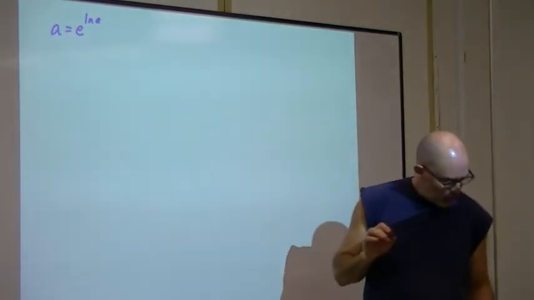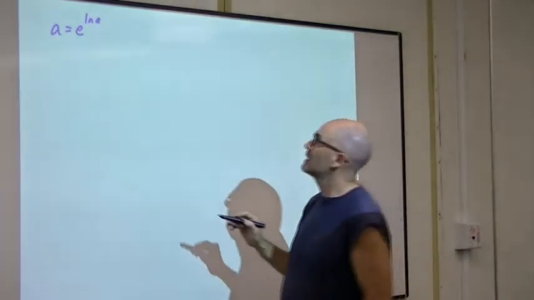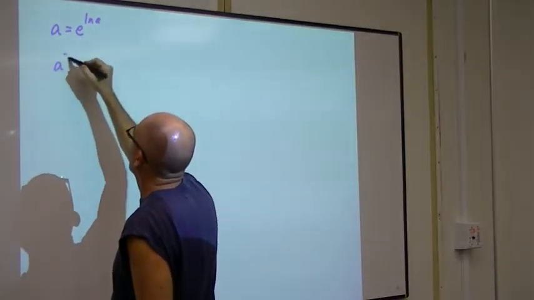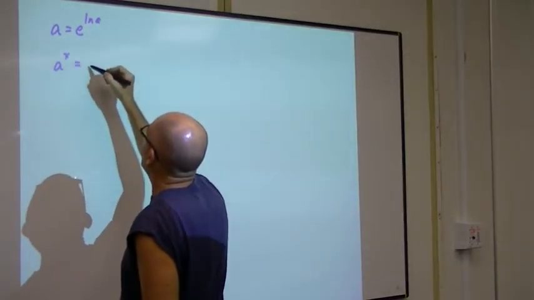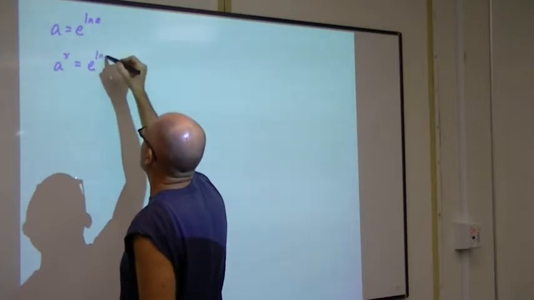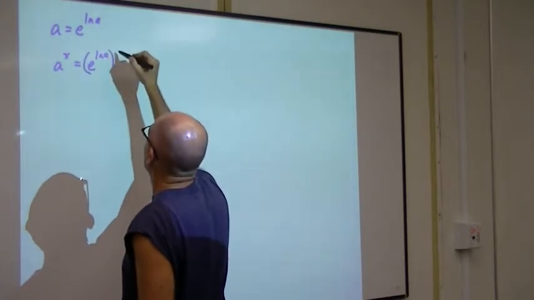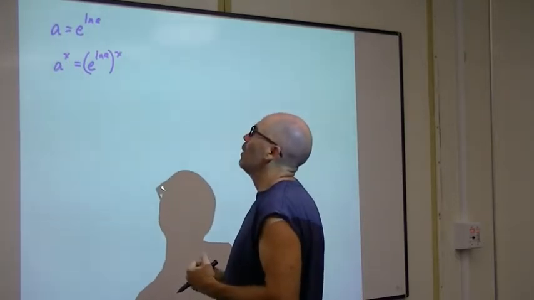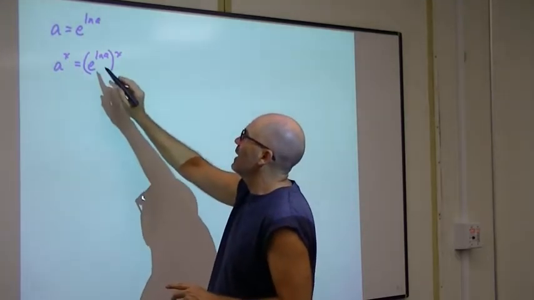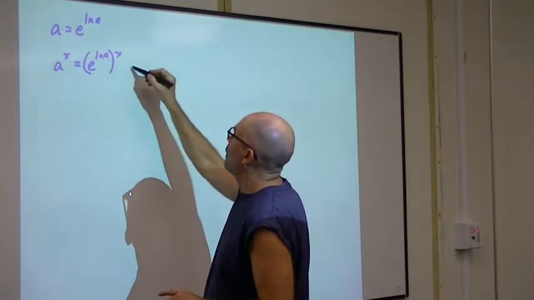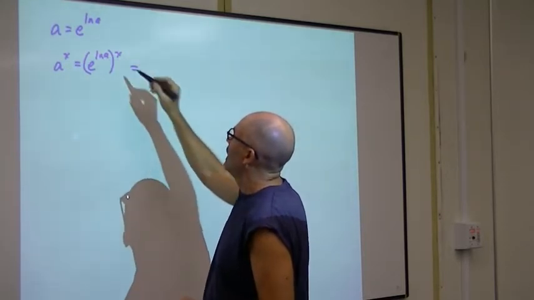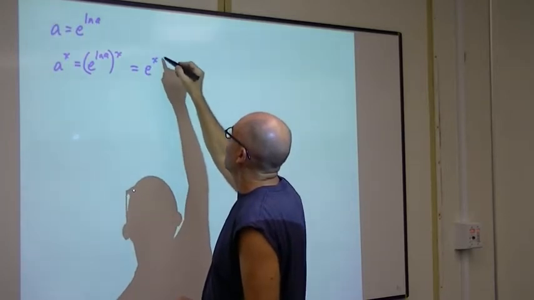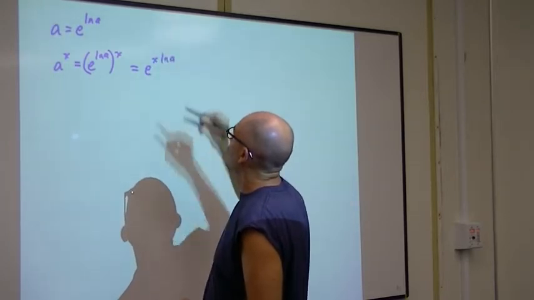Now, if I want a to the x, well, that equals e to the natural log a, to the x power. So what do I do when I have a power to a power? I multiply the exponents. So that becomes e to the x natural log a.